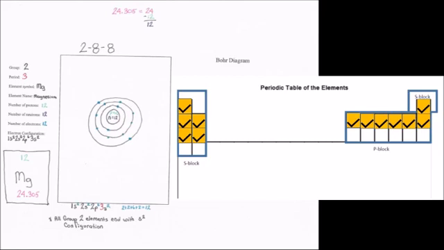And if we take a look now, remember right above magnesium, that was beryllium. Beryllium also ended in an s2. And now we're in the third period with magnesium, and magnesium ends in an s2. So if we think of all group 1 elements ending in an s1 configuration, then all of the elements in group 2 are going to end in an s2.